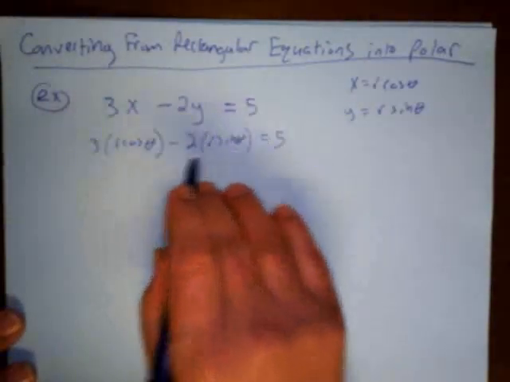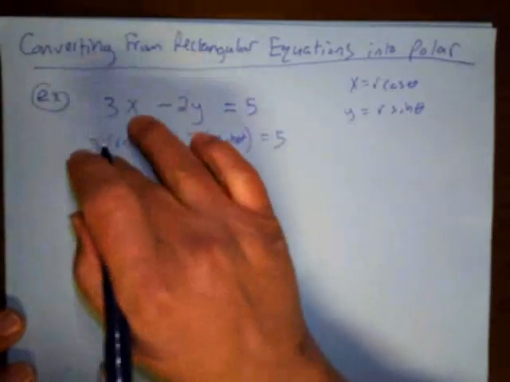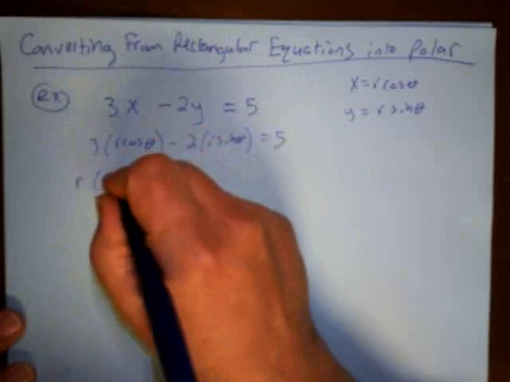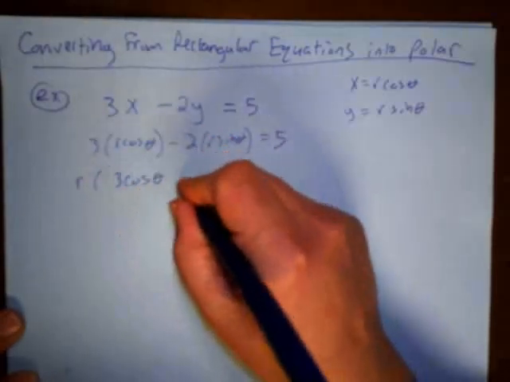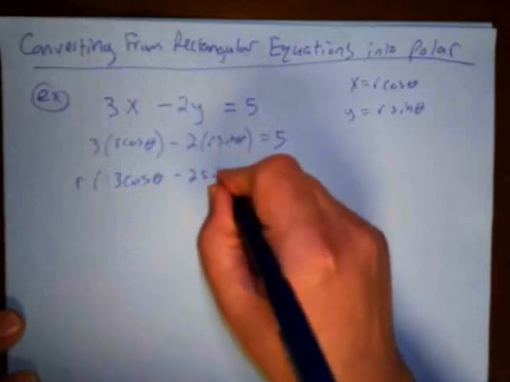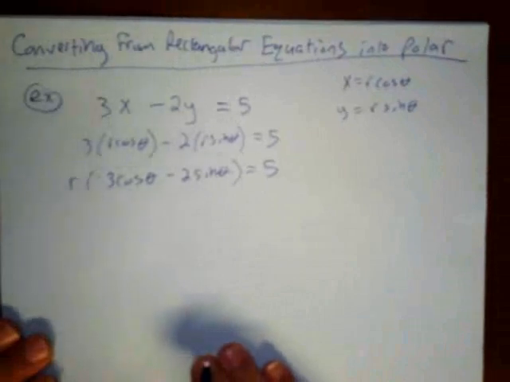So what you would do for this is you would factor out that r, and then I would get just 3 cosine theta minus 2 sine theta is equal to 5. So it would look like this.